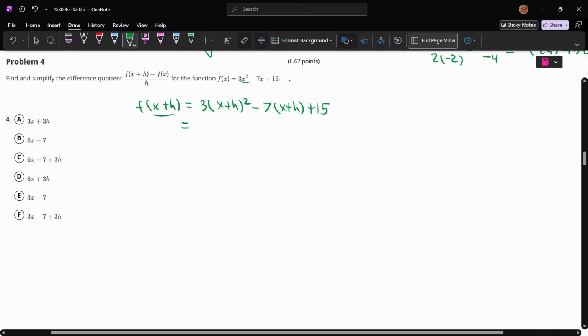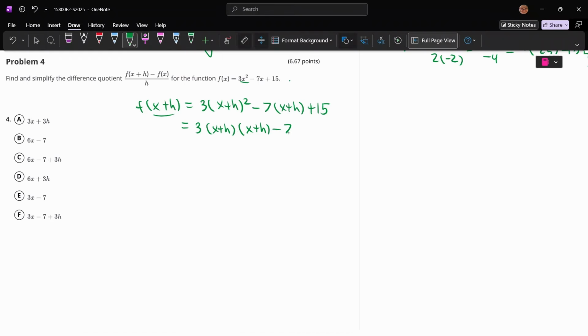So this is equal to 3 times x plus h times x plus h, minus 7 times x plus h, plus 15. Foiling this term, you end up with 3 times x squared plus xh plus xh plus h squared, and combining like terms that becomes 2xh.